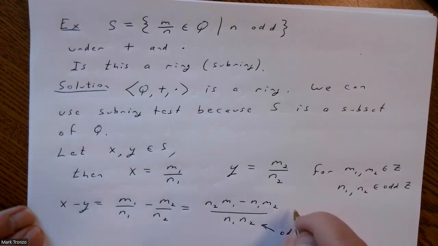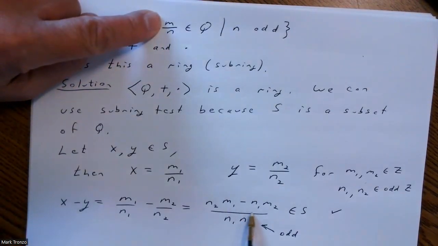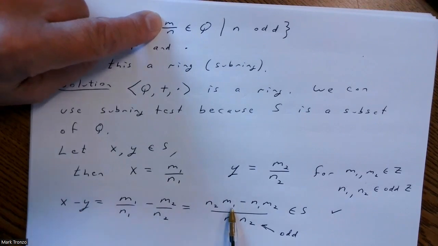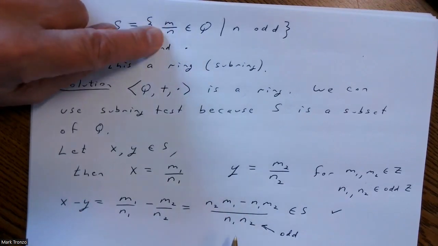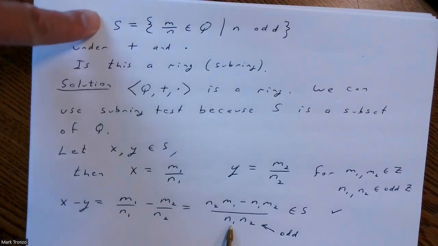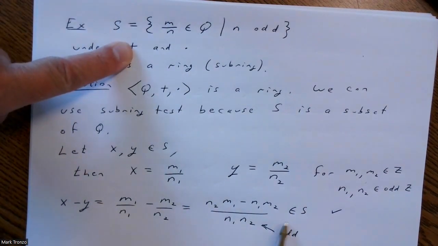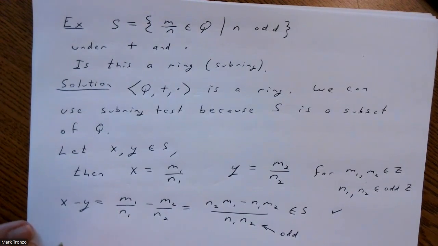So that's going to be in S, because the numerator is still an integer, like we had up here, and the denominator is an integer as well, but odd because we multiplied two odd numbers together. So this typical element is in the set S, and it passes the first test.